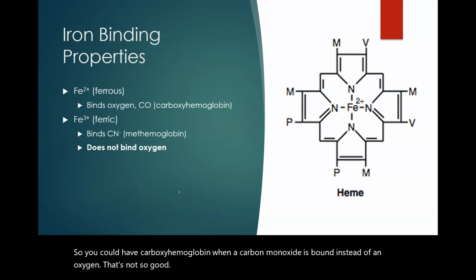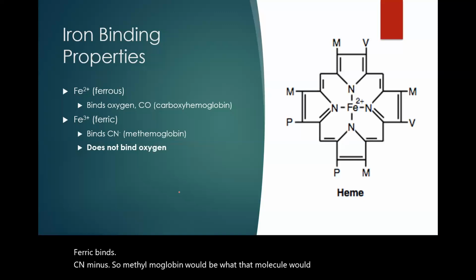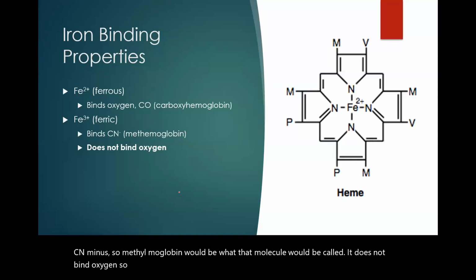Ferric binds CN minus, so methemoglobin would be what that molecule would be called. It does not bind oxygen. So ferric iron does not bind oxygen. So in heme, we find ferrous iron. And this is the molecule of heme with its little pretty iron in the middle.